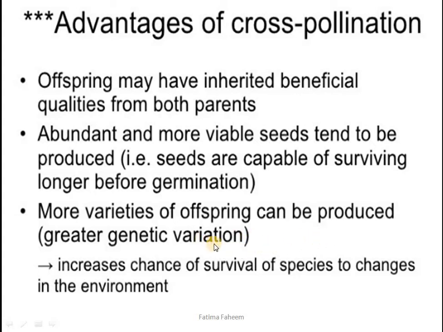It means that we can see greater genetic variation, which is very unlike self-pollination where there was very little variation. Increased chance of survival of species to change in the environment. The changing environment may not affect the flowers or the plants that are undergoing cross-pollination because of genetic variation.